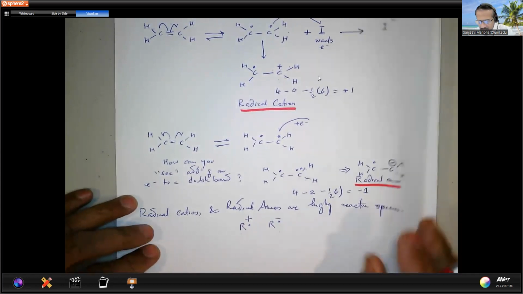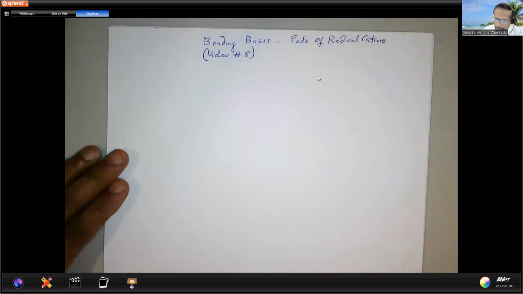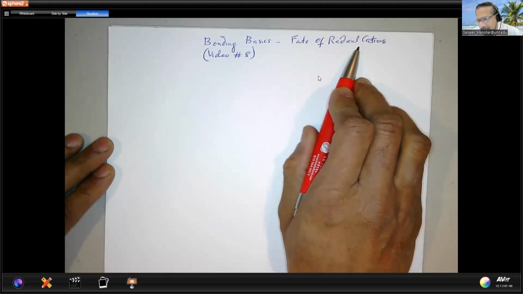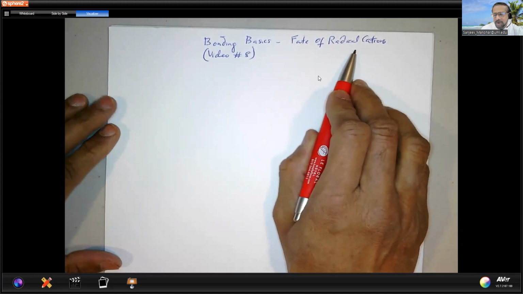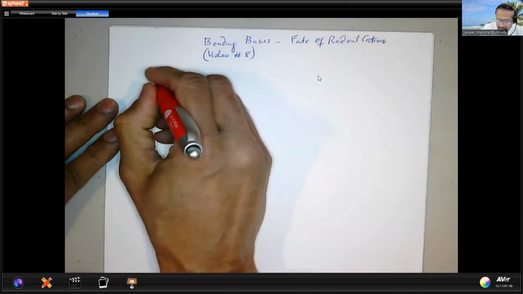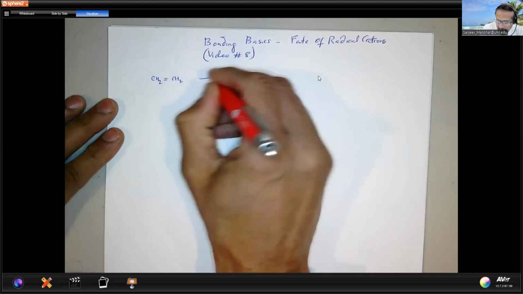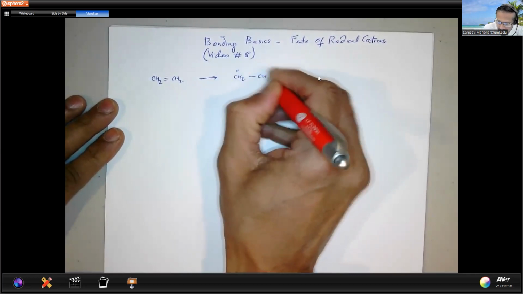So with that, let's move to the next topic, which is the fate of radical cations. Why we are interested in radical cations is that they are intricately related to the doping of polyacetylene. So let's look at it. We looked at CH2 double bond CH2, giving you CH2 dot, CH2 dot, right?